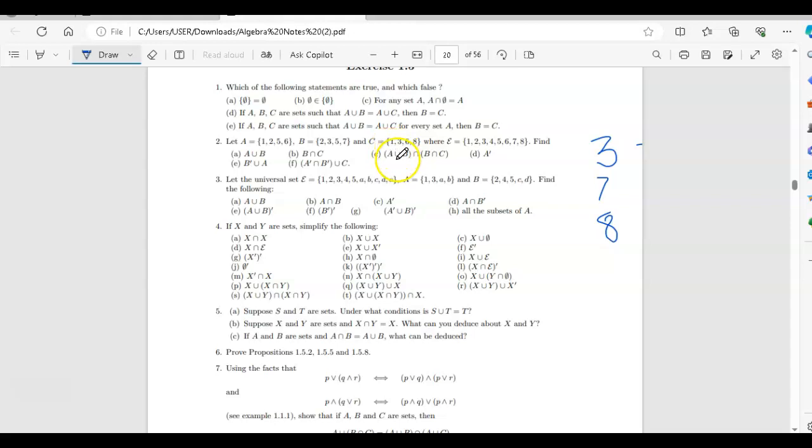It'll be 1. It won't be 3. It'll be 6, it'll be 8, and then 1. Yeah, we got 1. 2, no. 5, no. 6, yeah, we got that. Perfect. So this is not B.